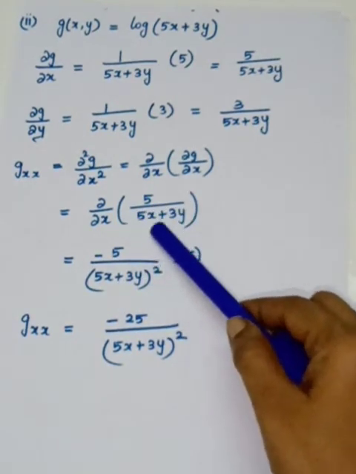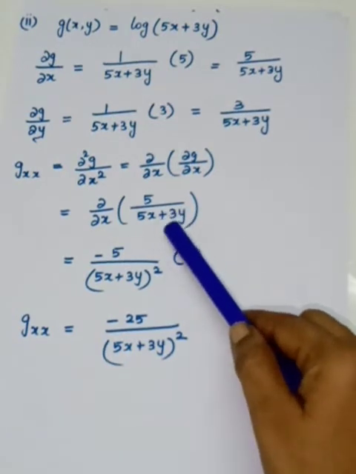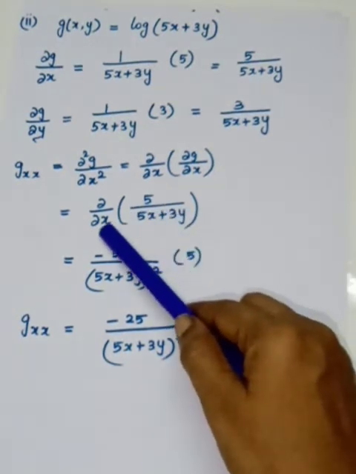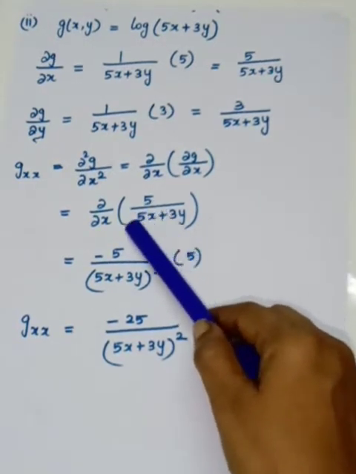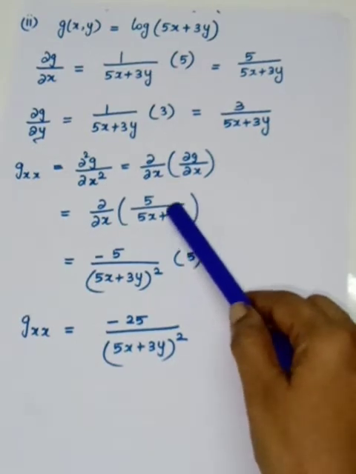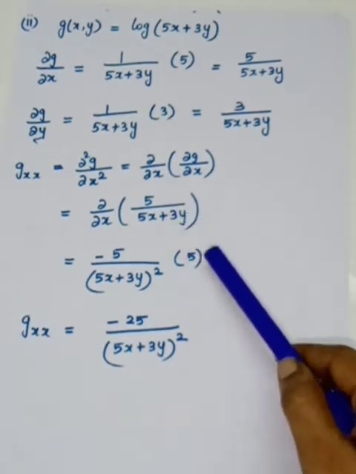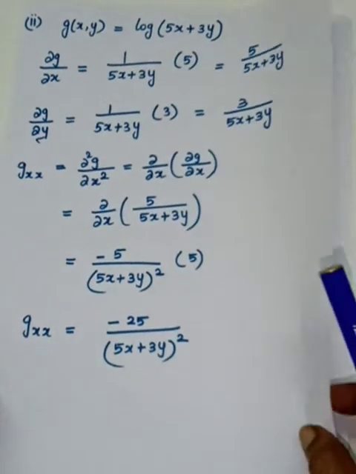But in the place of x, you are having 5x plus 3y. So that has to be differentiated partially with respect to x. So the differentiation of 5x is 5. 3y is a constant whose differentiation is 0. So here you are having 5. So the answer is minus 25 divided by 5x plus 3y the whole square.